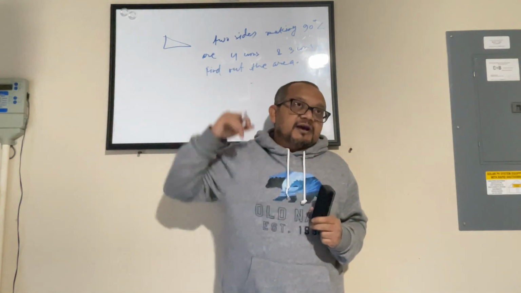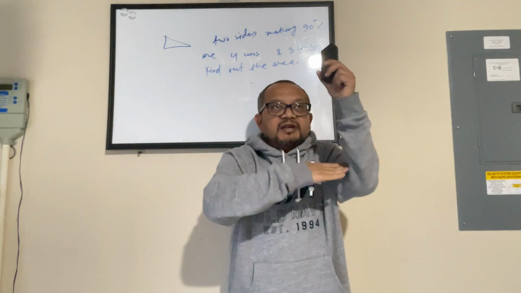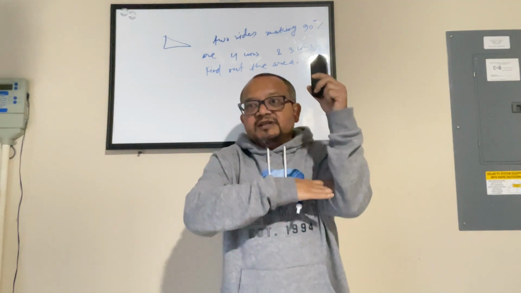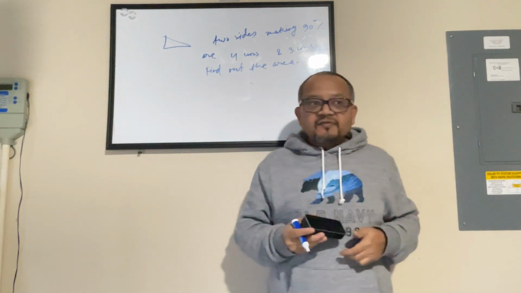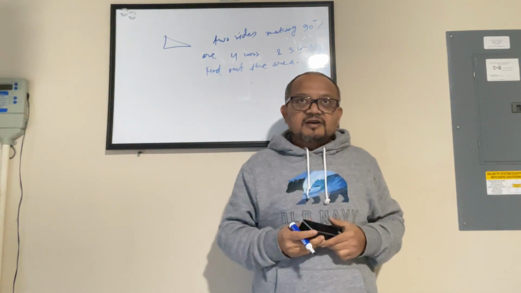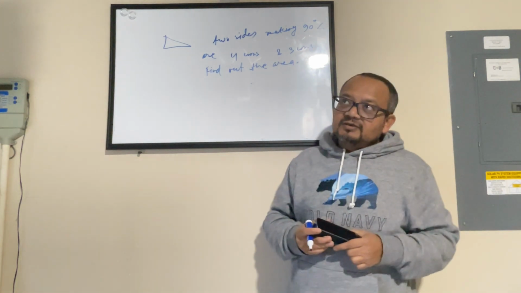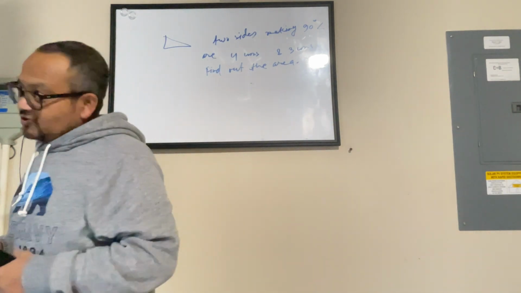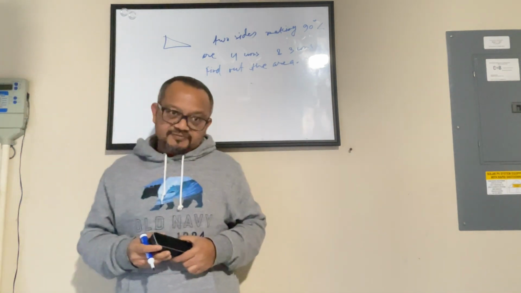In a right angle triangle, the two sides making that 90 degree angle are 4 centimeters and 3 centimeters in length. What is the area of a right angle triangle? The two sides making the 90 degree angle are 4 centimeters and 3 centimeters in length.